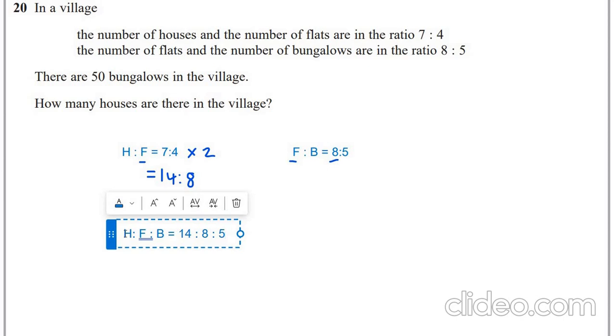Now, if there are 50 bungalows in the village, that means we need to multiply the ratio by 10 in order to get 50 for the last number.